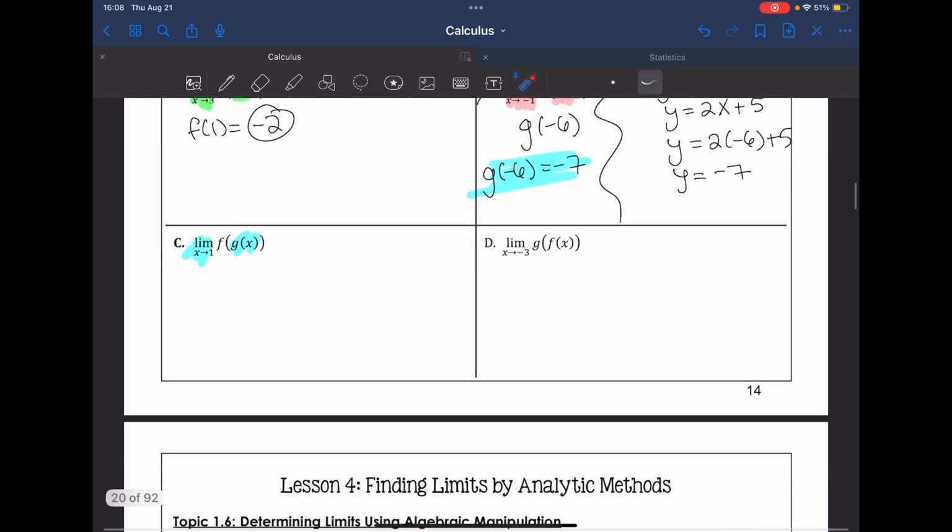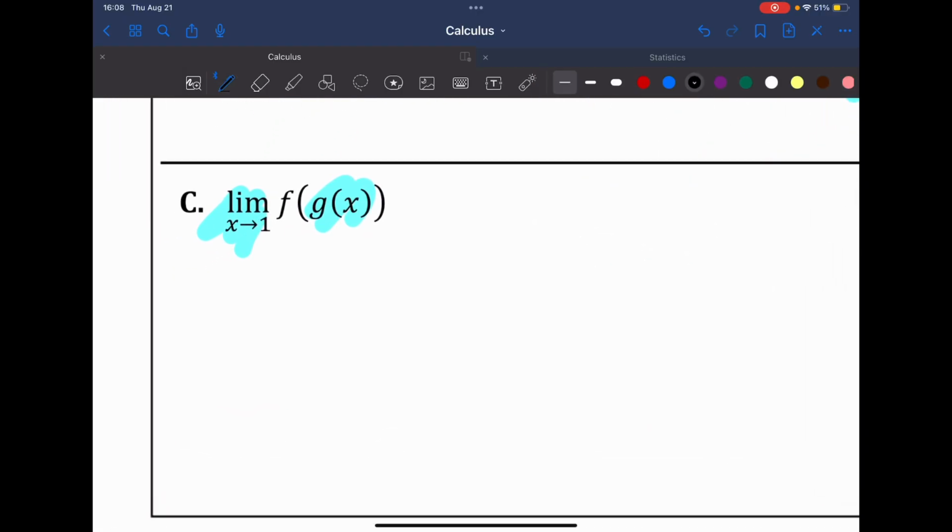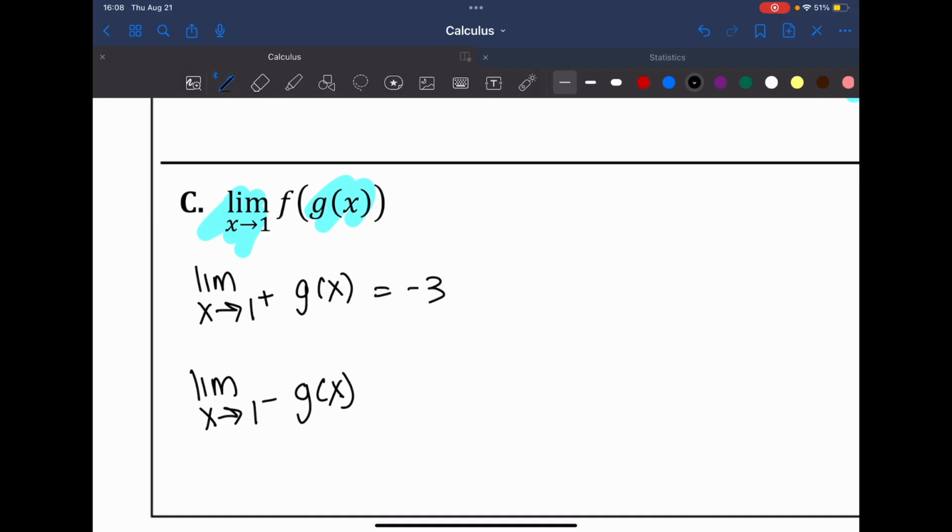So what we would do here is check the limit as x approaches 1 from the positive side of g of x, and then the limit as x approaches 1 from the negative side of g of x. We found that from the positive side, the right side, this is equal to -3, and from this side, this is equal to -1.